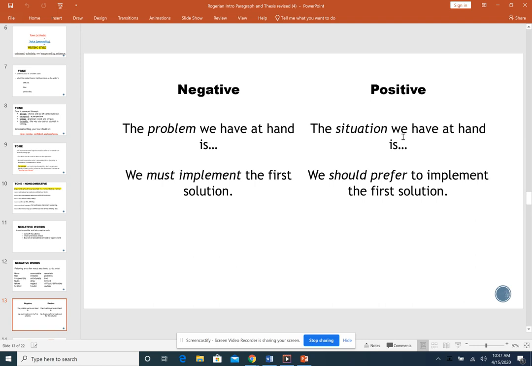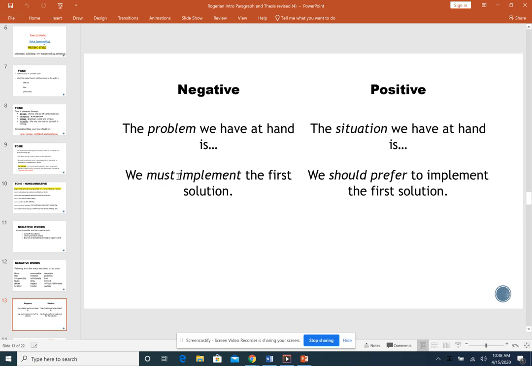Let's look at some examples of how we can change negative words. Instead of saying the problem we have at hand is, maybe we say the situation we have at hand is. Problem automatically indicates negative, but a situation kind of de-escalates everything. It's just a situation. It's not a problem, it's a situation. Let's look at this next example.